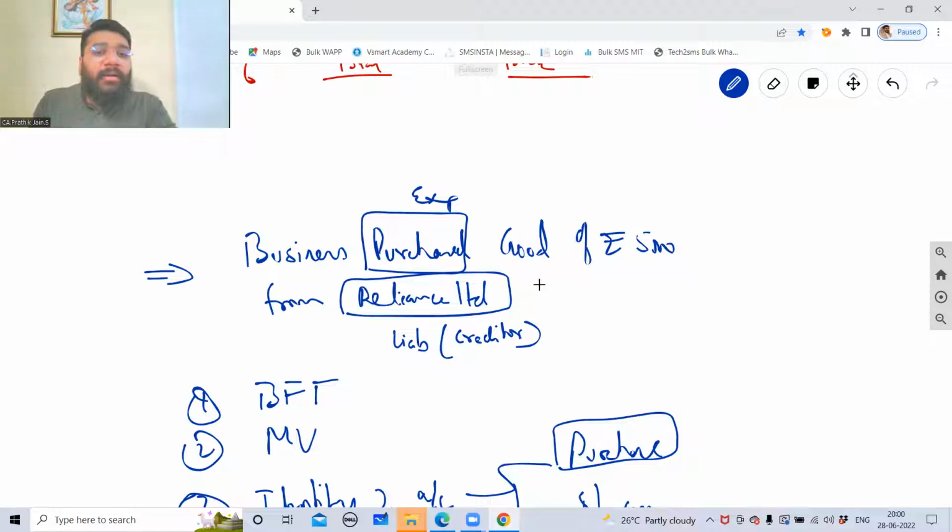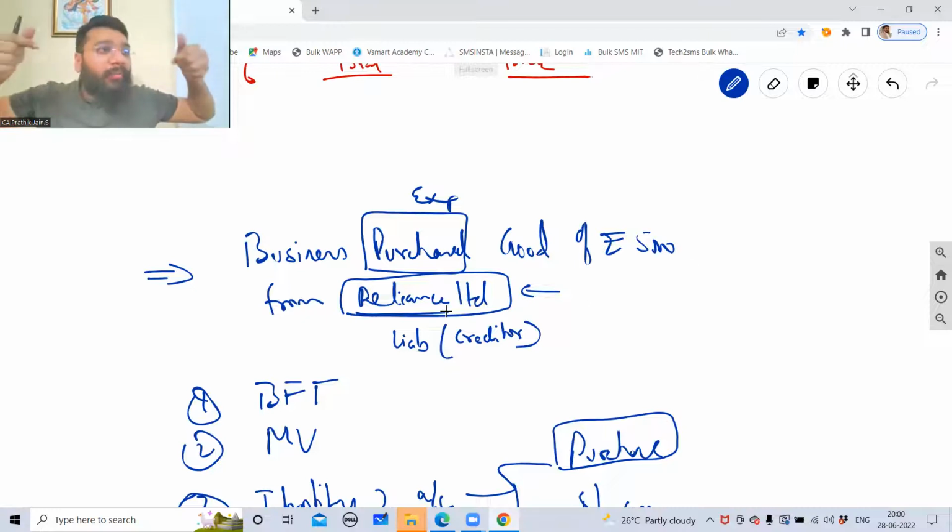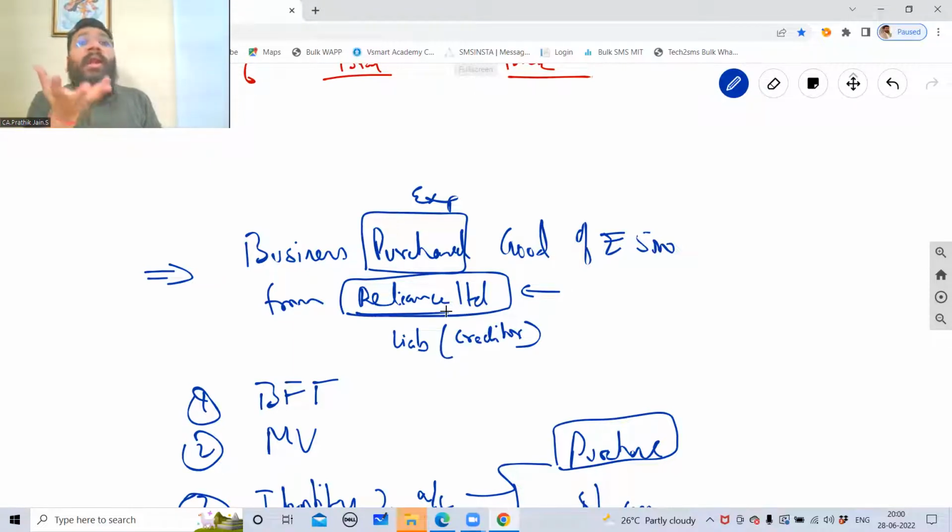So here, Reliance Limited becomes an artificial personal account. Why artificial? Because Reliance Limited got the tag of person from whom? From law. So he became an artificial person. Why do we call him a person? Because as a company, you are allowed to buy property in the company's name and to sell property in the company's name. In India, to buy an asset or sell an asset, you should have a name.